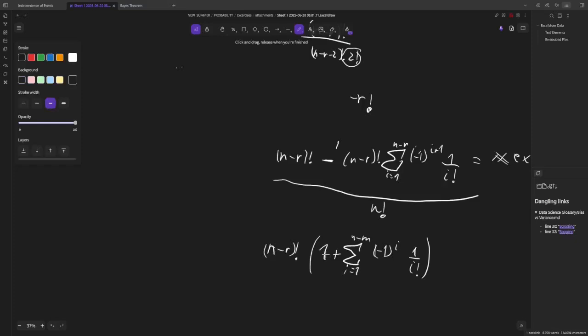Since the first element we want to be a 1, this starts at 0, so this will be 1 plus, now the next element will be minus 1, which is what should be the first element here, and then so on and so forth.